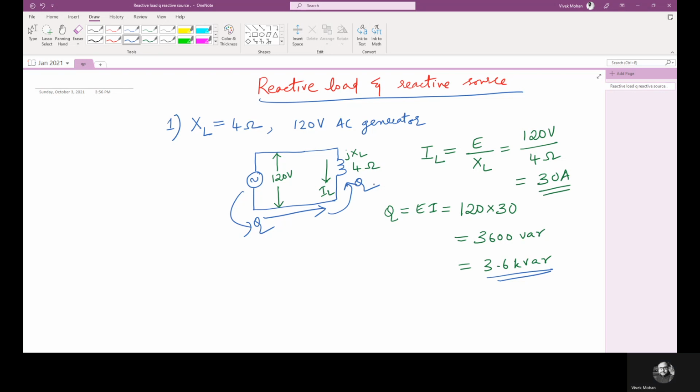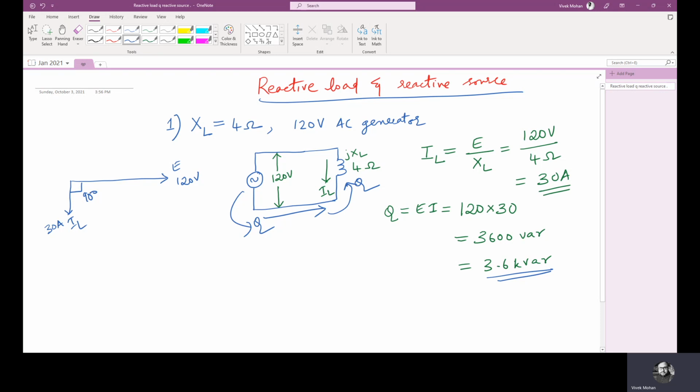Now, if we take the corresponding phasor diagram, E here is 120 volt in magnitude, but the magnitude of current is only 30 amps, and this is IL. This is 90 degrees.